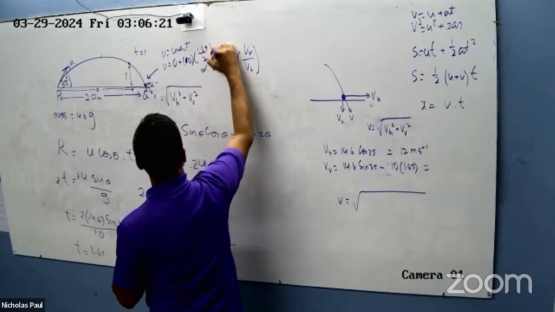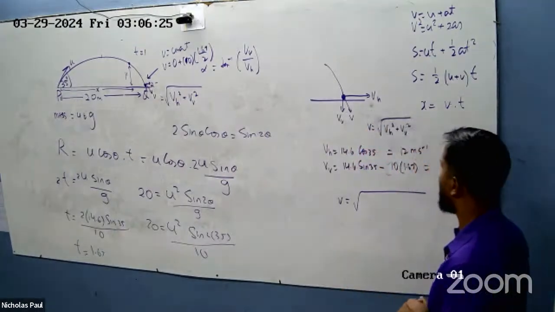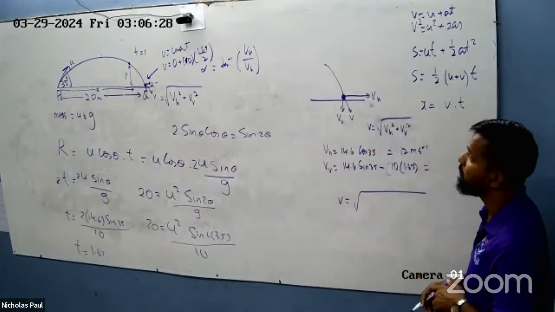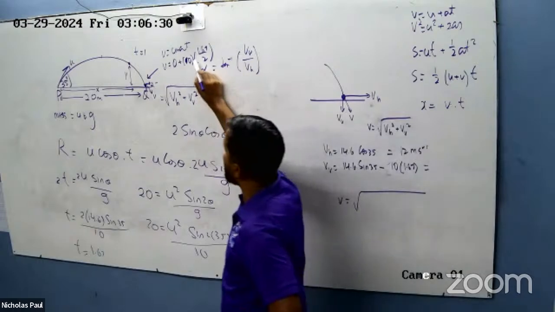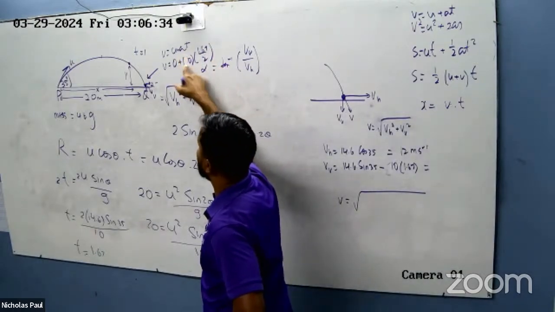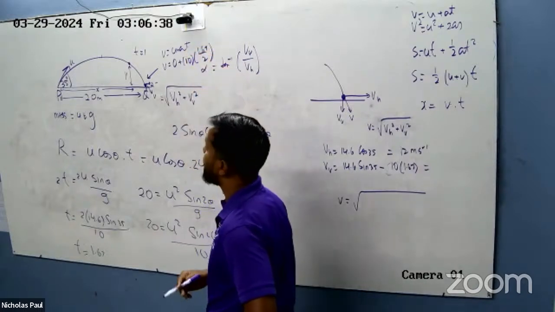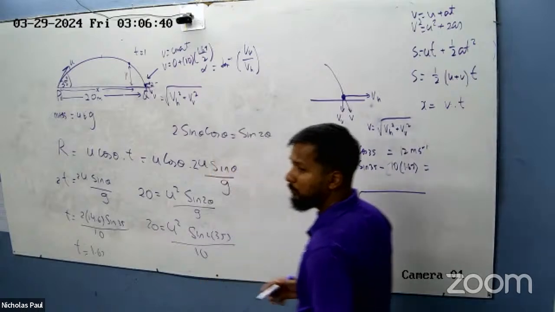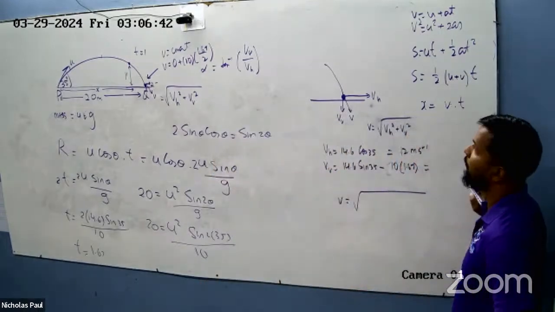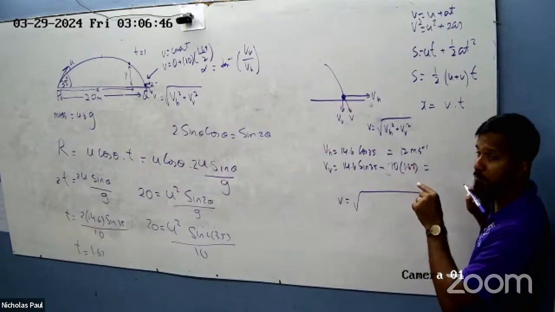1.67 divided by 2. How much is that? 10 by 1.67 on 2. 1.67 divided by 2 multiplied by 10.